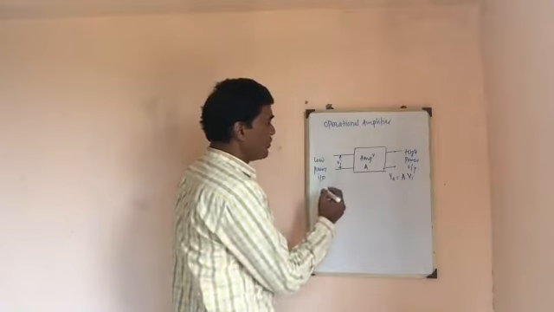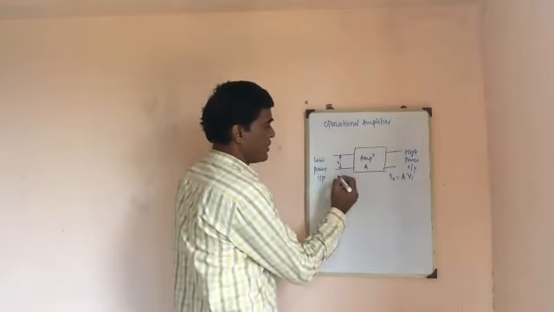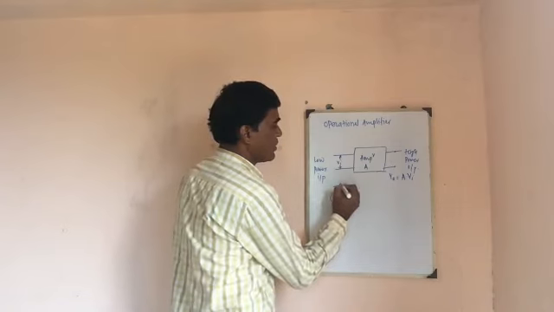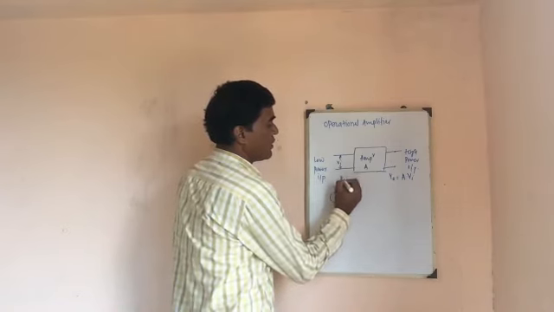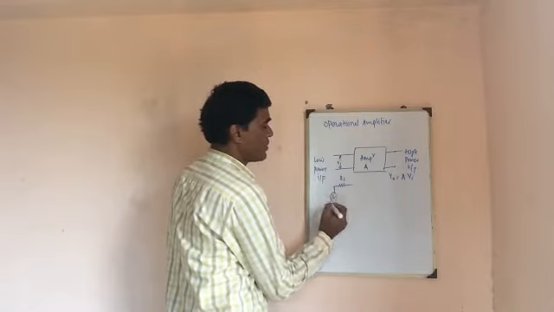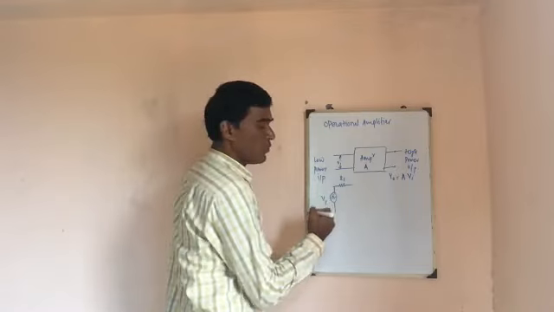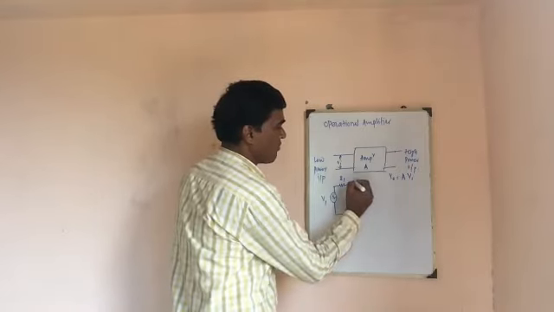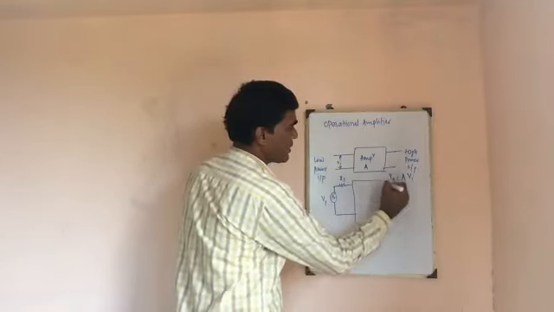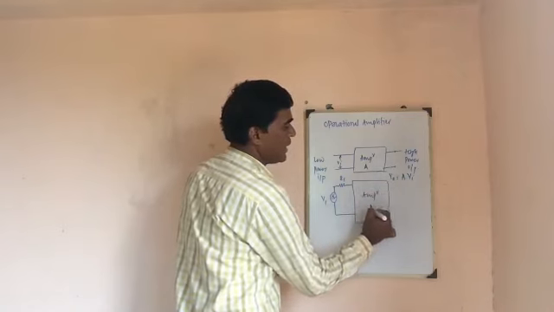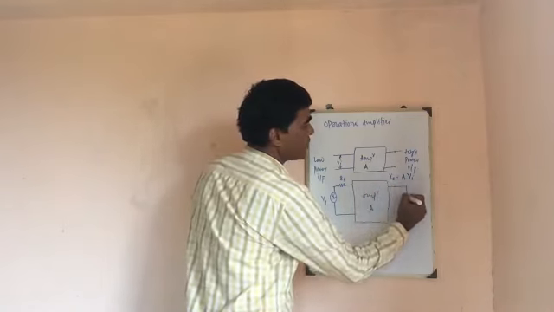If I apply the input to this circuit, this is the practical voltage source, let us say V1. Then we have an amplifier in between with the gain A. I will get the output.